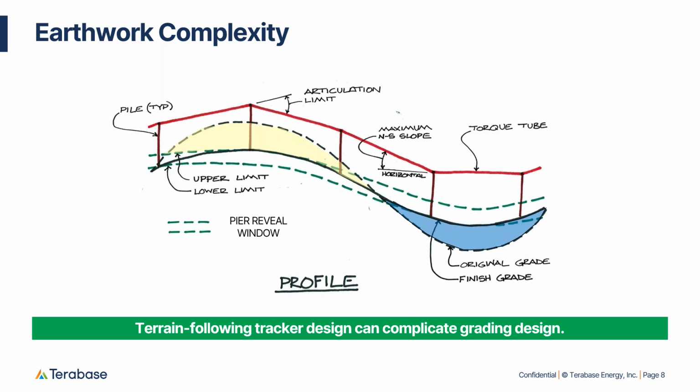And this is the maximum allowable change in slope between two adjacent bays. And this is often set by the racking manufacturer. And so the pile reveal, the pier reveal window, the articulation limit, and the maximum north-south slope are 4 parameters that we'll be touching on again as part of the demo, because these are the variables that we can manipulate directly in the Terrain Pro software.